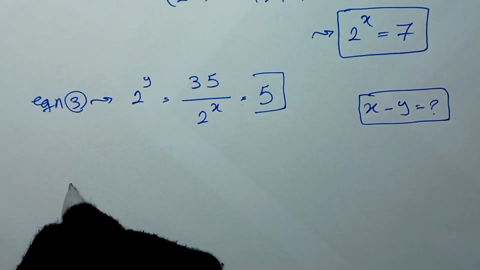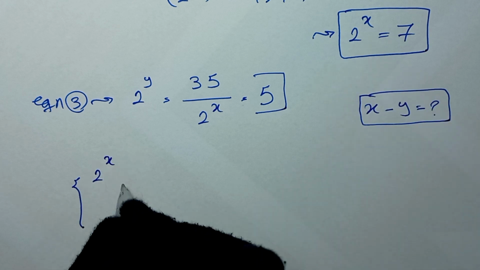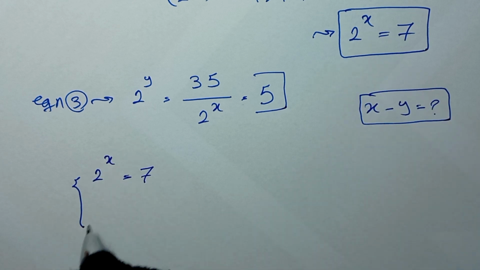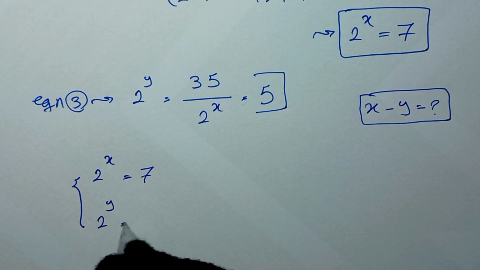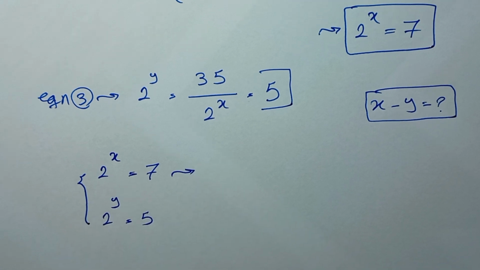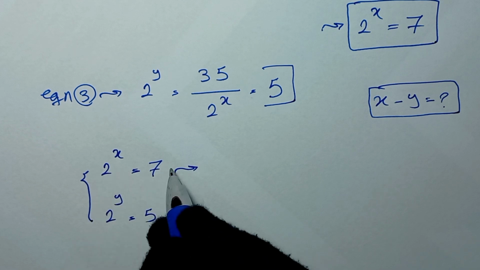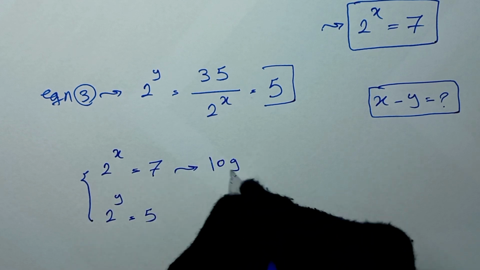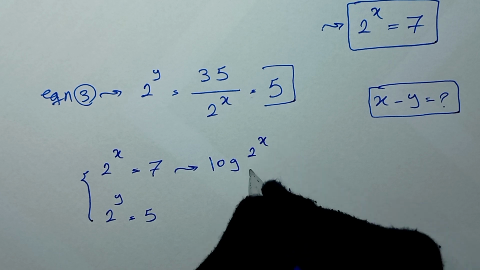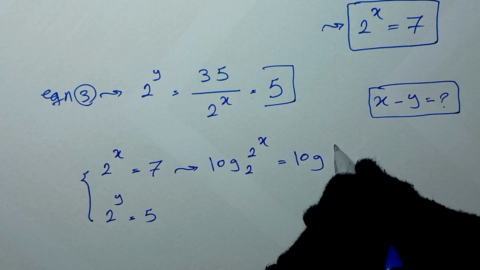So, 2^x is 7, and 2^y is 5. From this equation, we apply log base 2 to both sides, and it will be log base 2 of 2^x is equal to log base 2 of 7.